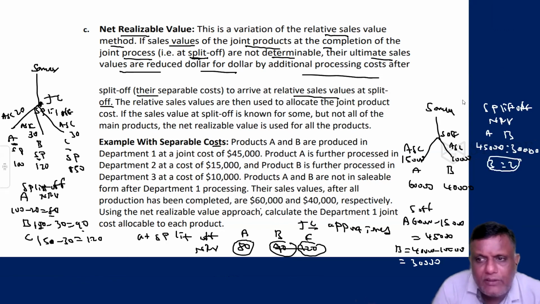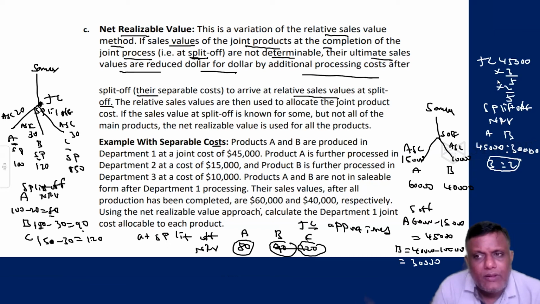Suppose the joint cost is 45,000, to be allocated between A and B in the ratio 3/5, 2/5. This is A value, this is B value. 45,000 into 3/5, A value, joint cost. 45,000 into 2/5, B value. Joint cost apportioned by reverse method.